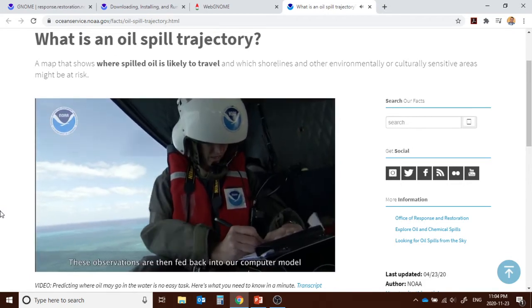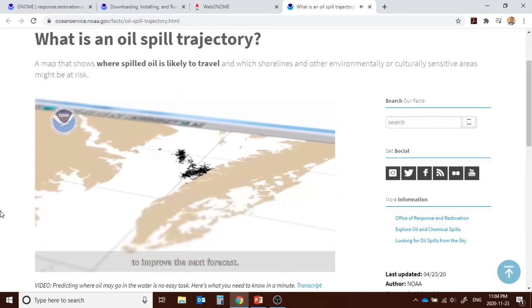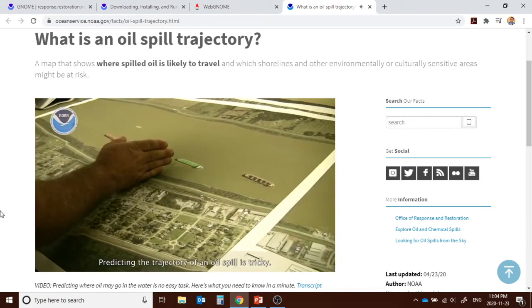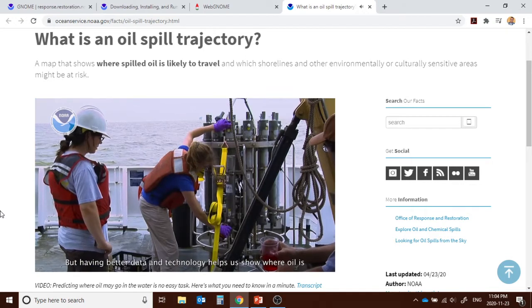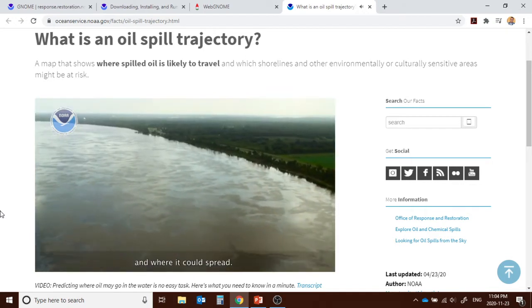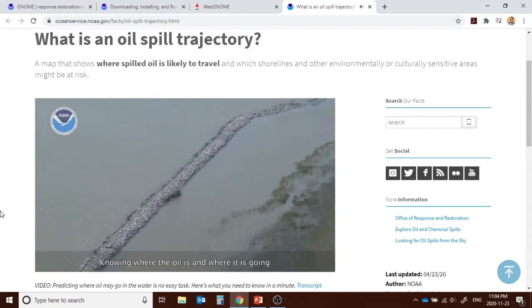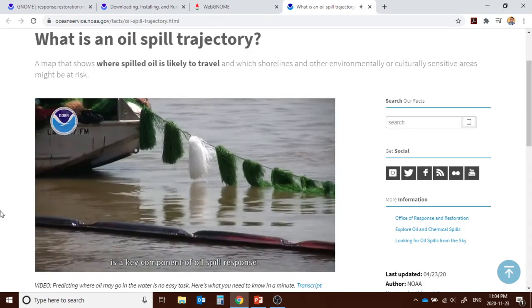These observations are then fed back into our computer model to improve the next forecast. Predicting the trajectory of an oil spill is tricky, but having better data and technology helps us show where oil is and where it could spread. Knowing where the oil is and where it is going is a key component of oil spill response.